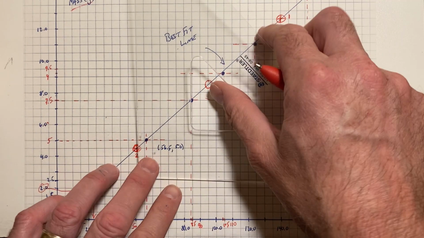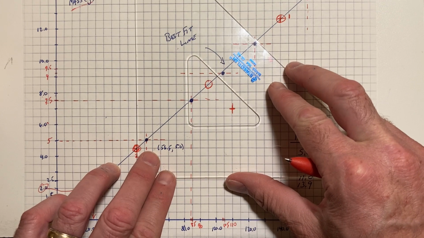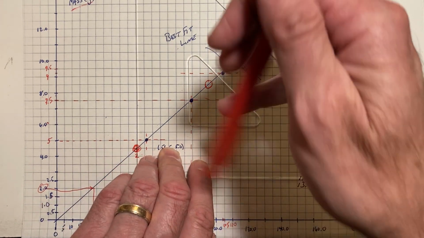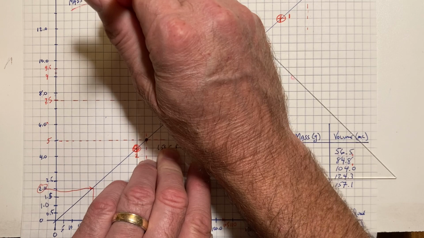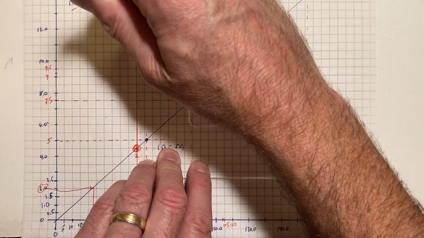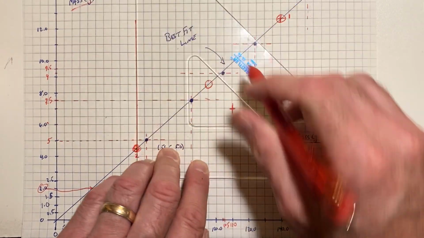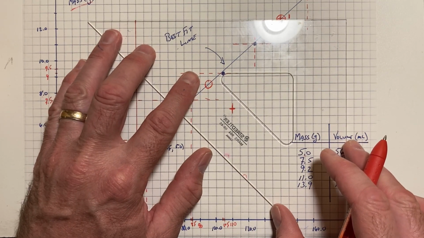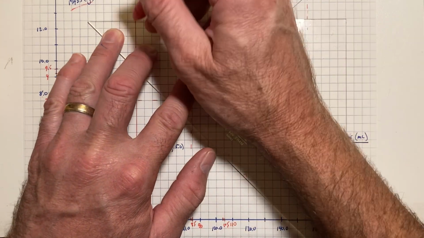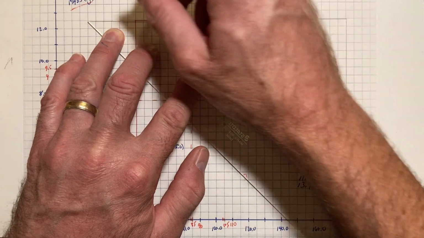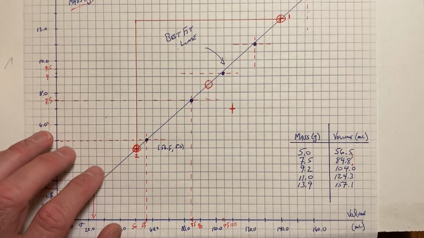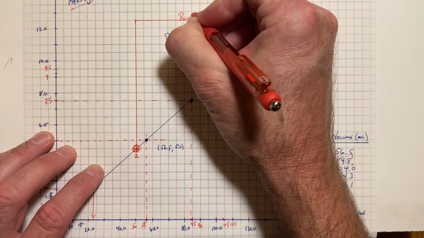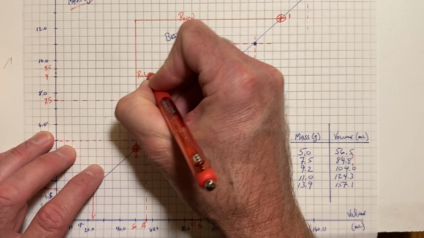And I'm going to rise from this point up to here. So here's my rise, and my run is going to be over to the right. I'll run horizontally across there. So here's my run, and here's my rise.